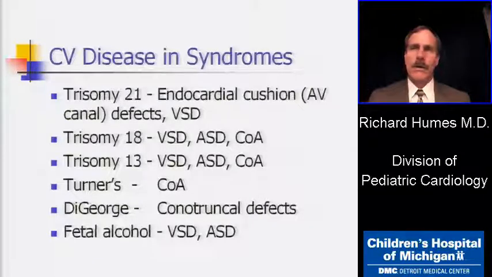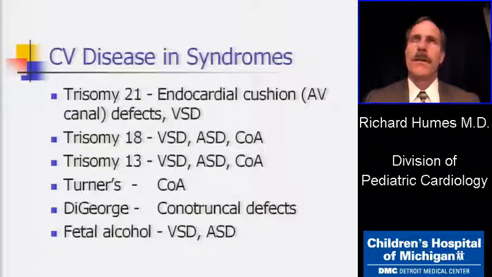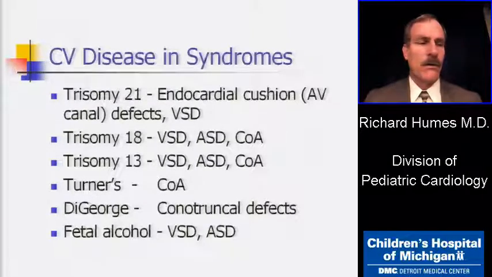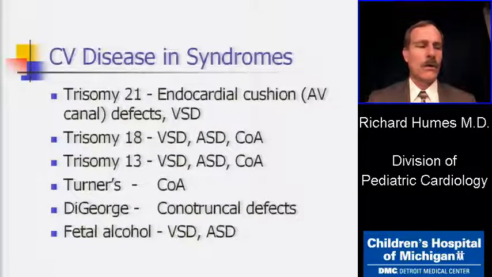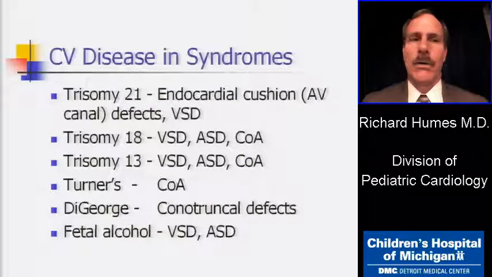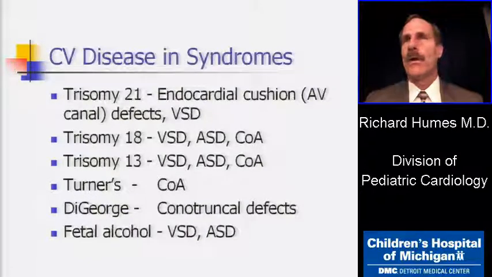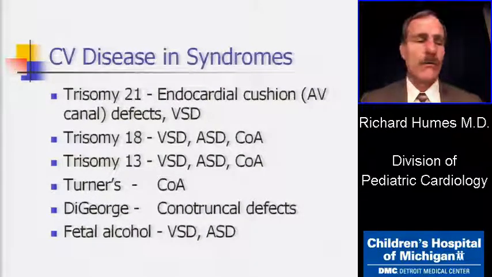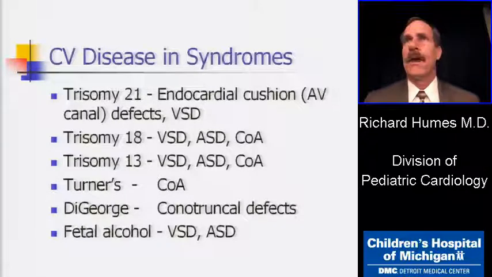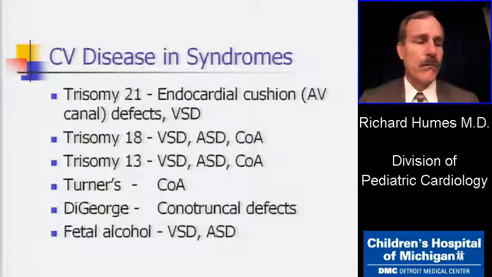You should know a little bit about the genetics of congenital heart disease and cardiovascular disease in various syndromes. These always come up as some test questions on the pediatric boards. As you know, in trisomy 21 or Down syndrome, endocardial cushion defects or so-called AV canal defects are the most common, followed very closely by ventricular septal defect, and that one itself is often a test question.